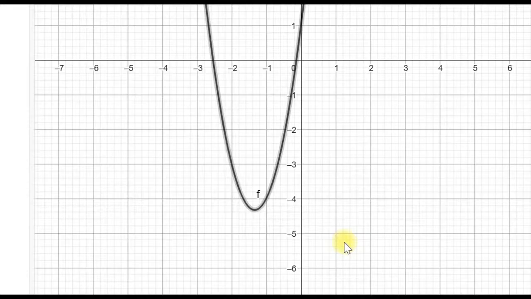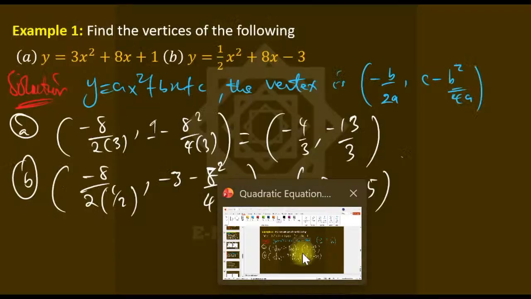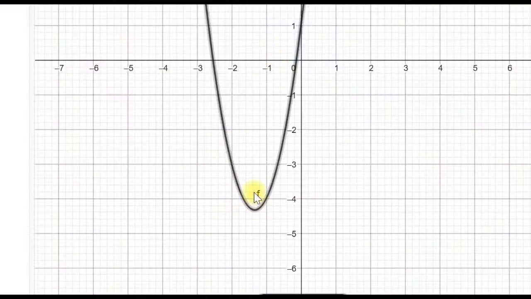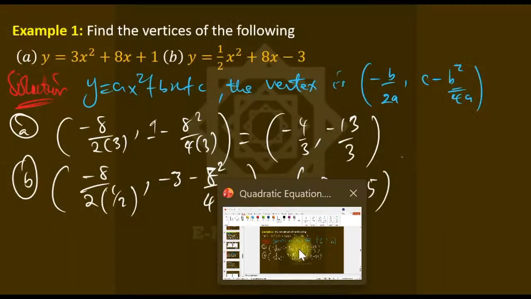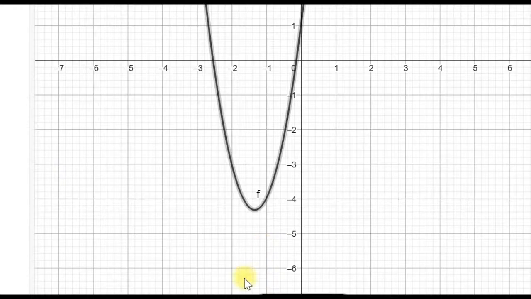We got x is minus 4 over 3. That's minus 1 point something. You see, here is minus 1 point 333. The y coordinate, that's k now, will be minus 4 point something. That's minus 13 over 3, which is minus 4 point something. So do you see we're correct?